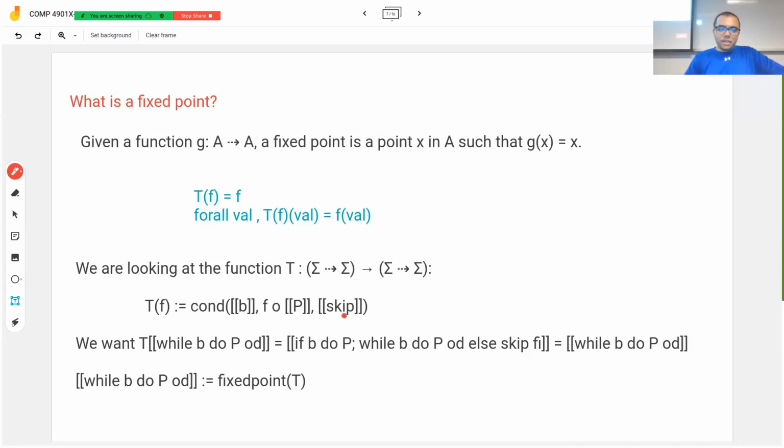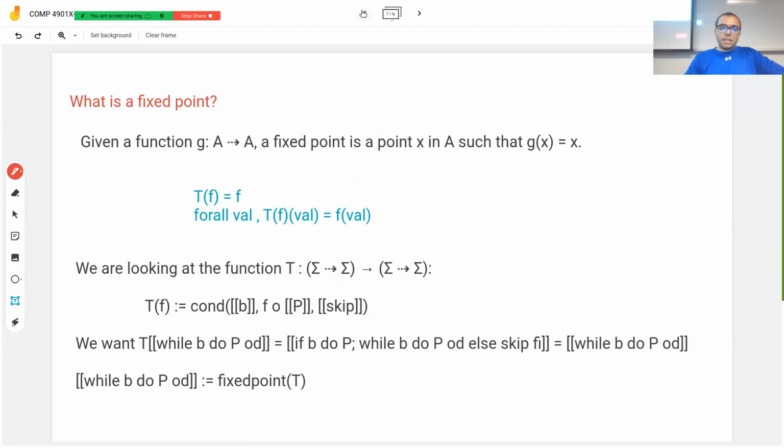Now, in our case, we were looking at this function T, called the transformer as well, which basically took a function and gave us another function. So the fixed point of T, or a fixed point of T, would itself be a function, right?